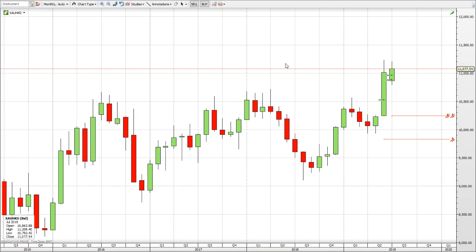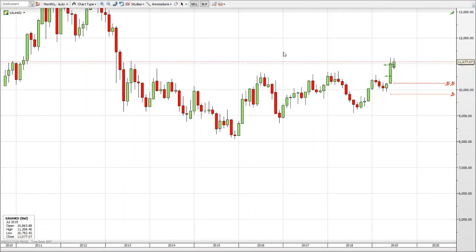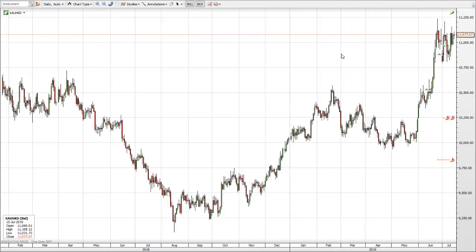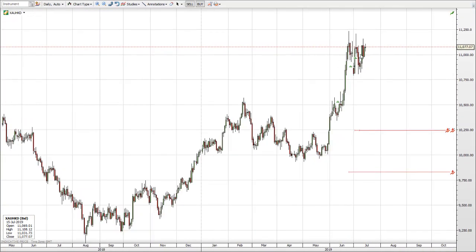If it does kind of go sideways or drops, then potentially I may get out, although I like this kind of tightening, winding up price action here. That actually kind of indicates to me that I should be accumulating my position rather than getting out too quickly. So that's all for this video.